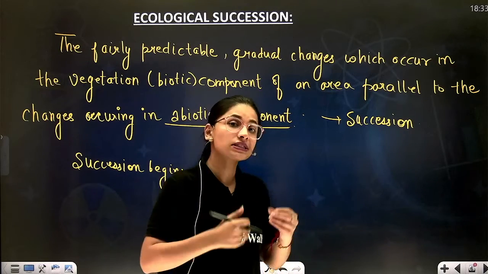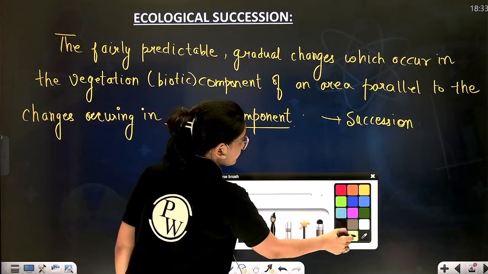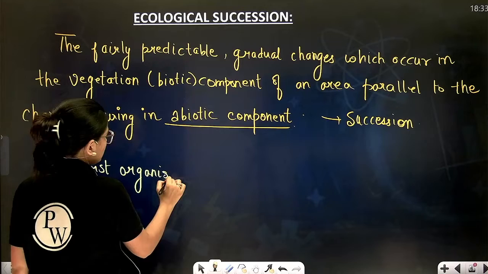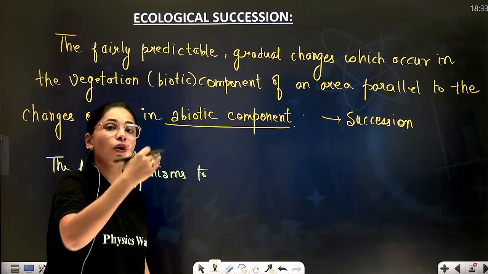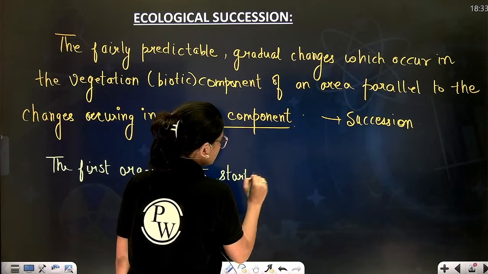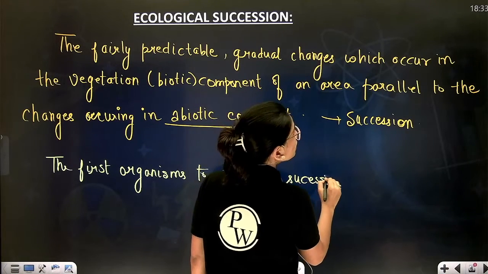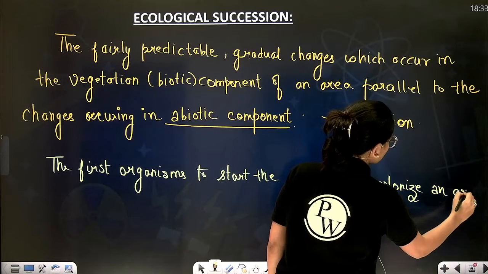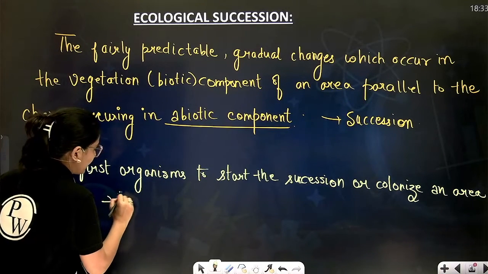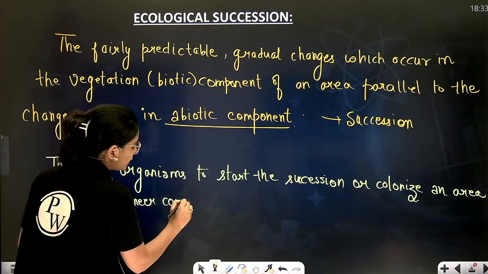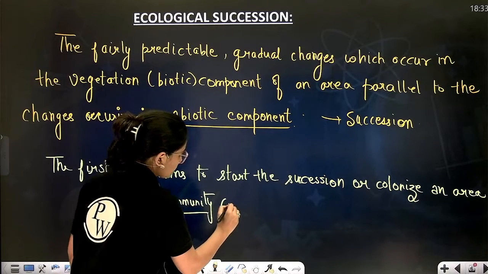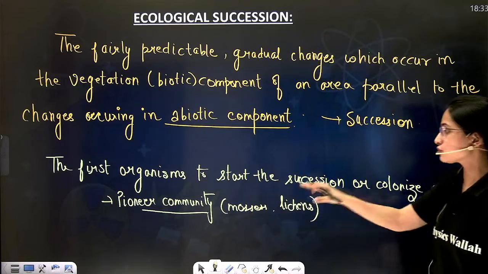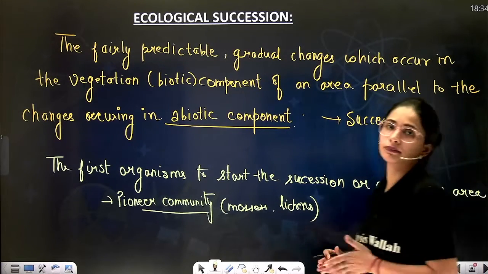So the first organisms to start the succession, or write it like this: the first organisms to colonize an area, the first organisms to start the succession or to colonize an area, right, are known as pioneer organisms or form pioneer community, which includes your mosses and lichens. Right?